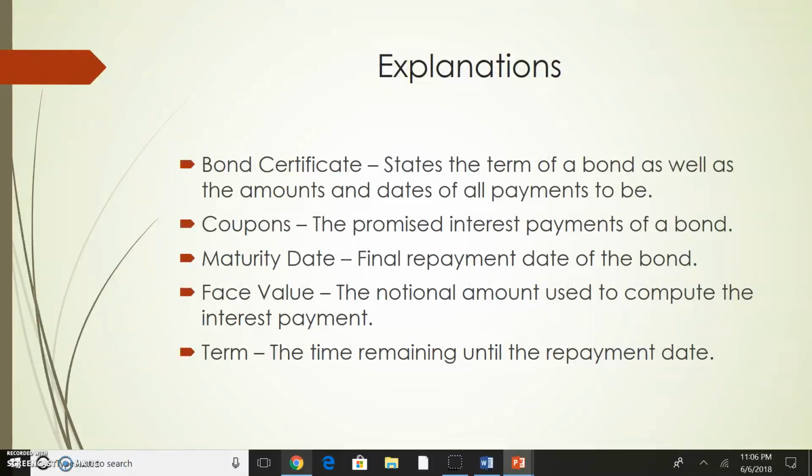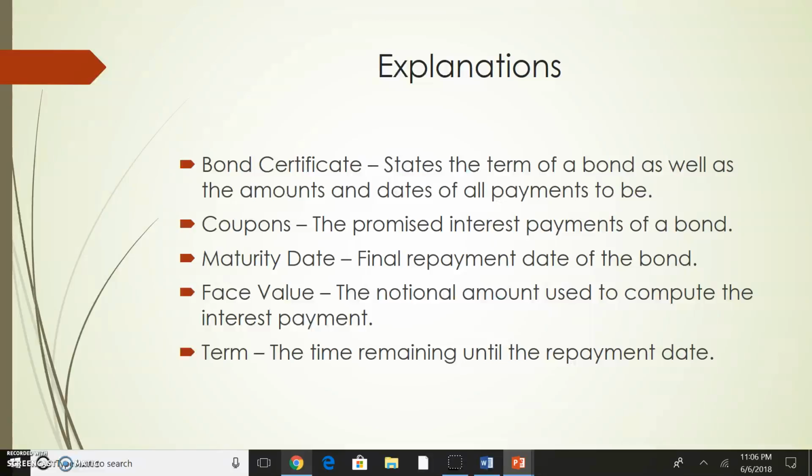Explanations. Now, a bond has several different pieces to it. And most bonds, well, all bonds are printed out in a bond certificate. And that bond certificate states the term of a bond as well as the amounts and dates of all payments to be made.